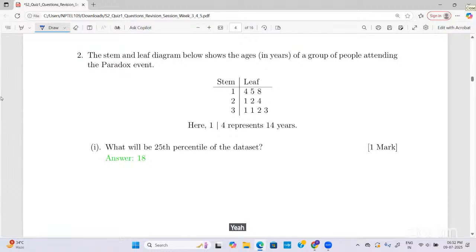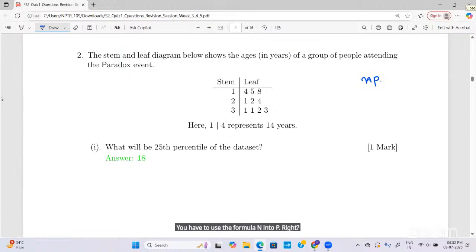Do you know how to calculate the percentile? The formula is k divided by 100 into n plus 1. You have to use the formula n into p, right?